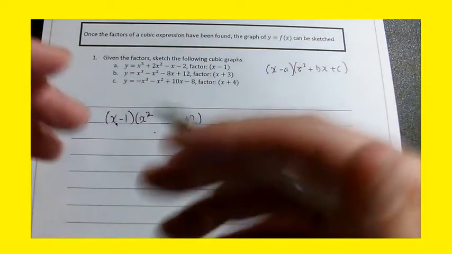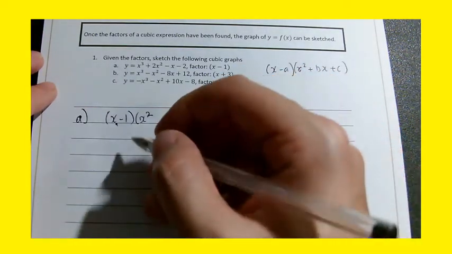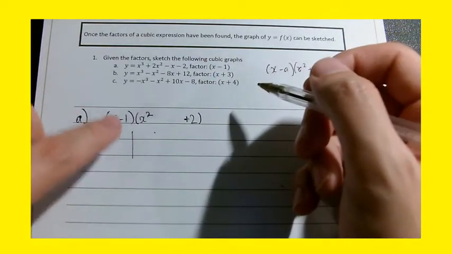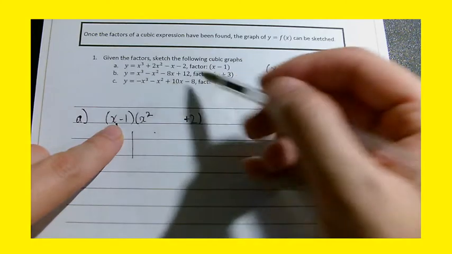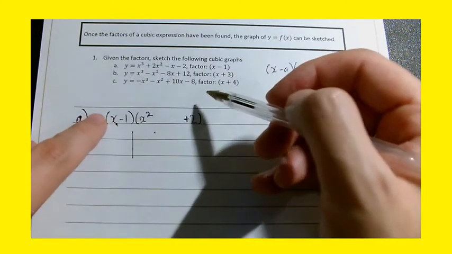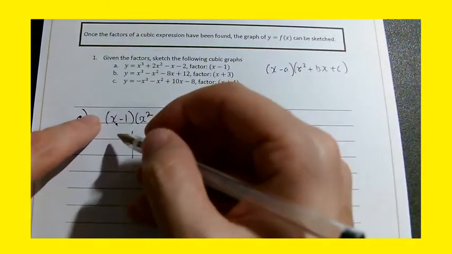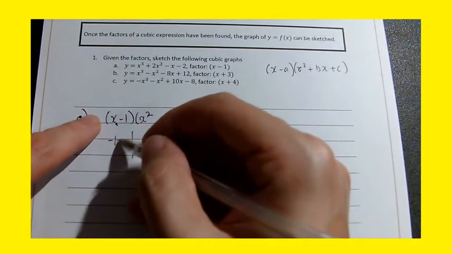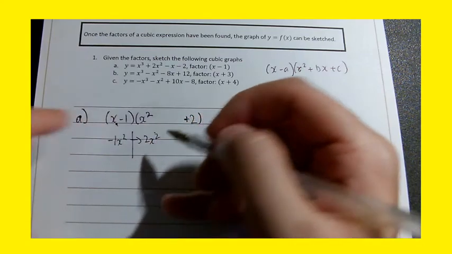The harder bit after that is trying to get everything in between. So let's just see what we've got at the moment. If I was to expand, I'll have my x cubed, I have 2x, I'll have minus x squared, but let's just focus on the x squared. So I've got minus 1x squared, I actually want 2x squared.